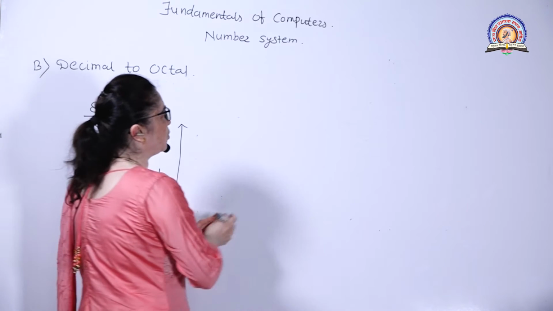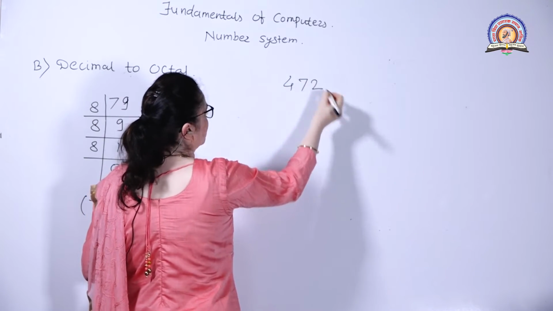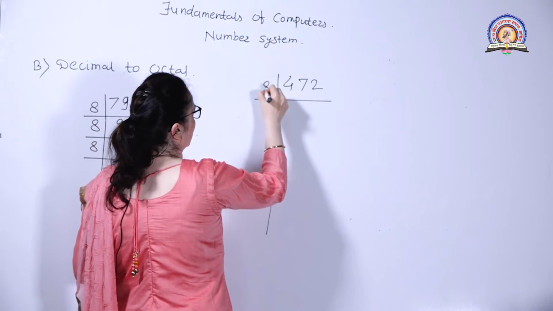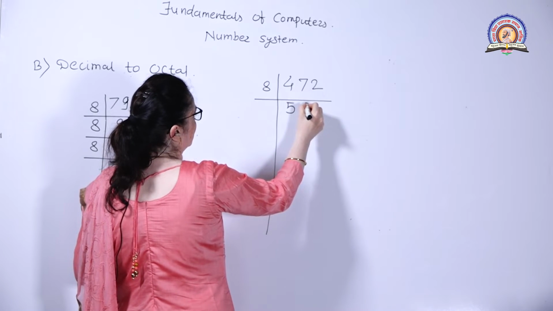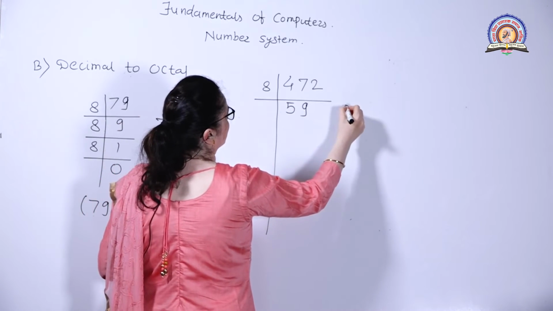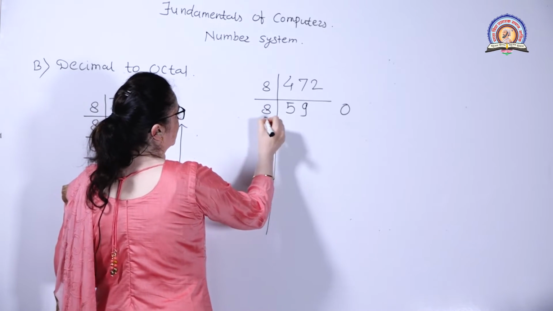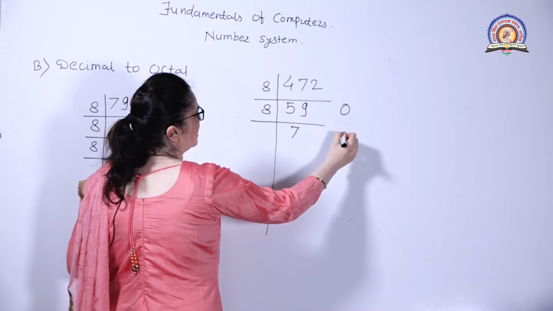Let us consider one more example. For example, 472. Again divide by 8. 8 nines are 72. Remainder will be 0. 8 sevens are 56.